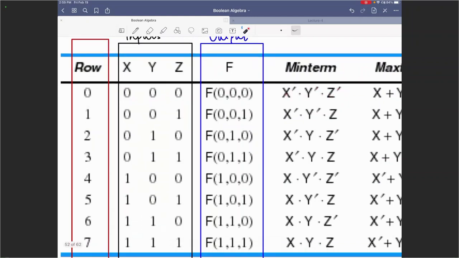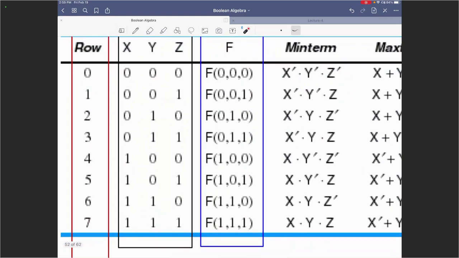And actually, if you are very comfortable with the binary code of decimal numbers, then you can say 000, 001, 010, 011, and so on. So that sequence of complementing or not complementing the variables exactly follows your binary counting sequence. Whenever you have a 0, you're complementing the variable, and whenever you have a 1, you are not complementing it. But how are you getting these?